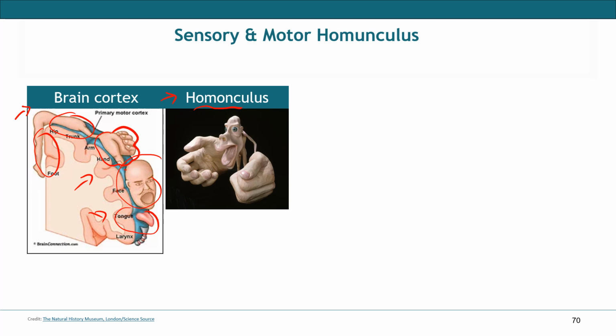So if we made an imaginary human, this is the way a nurse explaining this topic would use it as a teaching tool. If we take the cortex of the brain and create a human based on those proportions, you will have a human with really big hands, a really big tongue, because there are a lot of neurons involved in the sensation of touching, of tasting, also in vision, etc. While other portions of the body will be much smaller, like our trunk and our legs.